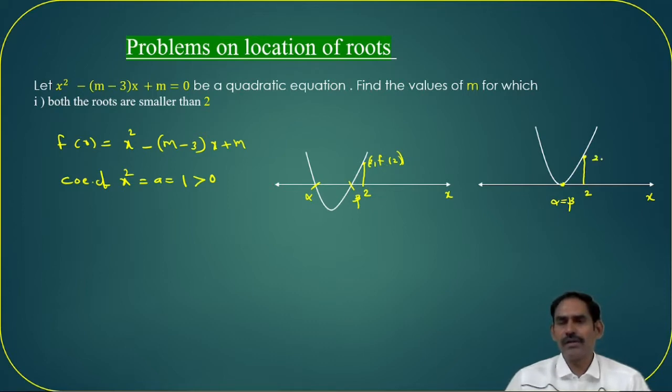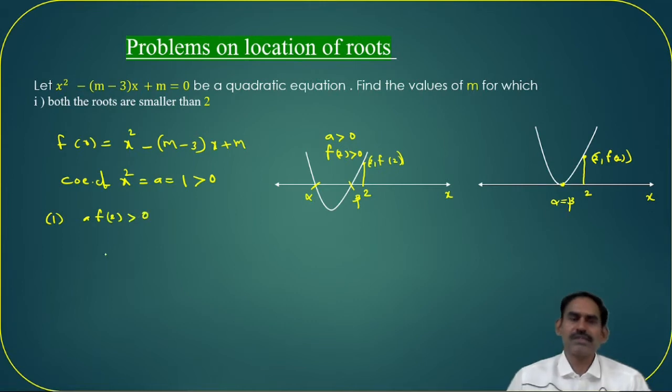So the first condition: a is positive, f of 2 is also positive, so a into f of 2 is greater than 0. Here a is 1, so f of 2 is greater than 0.